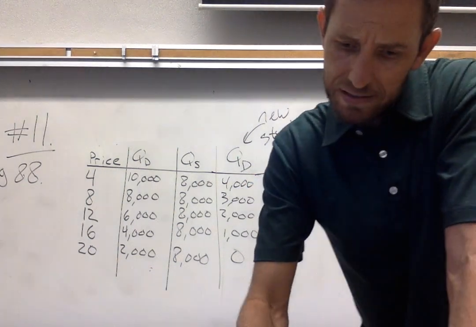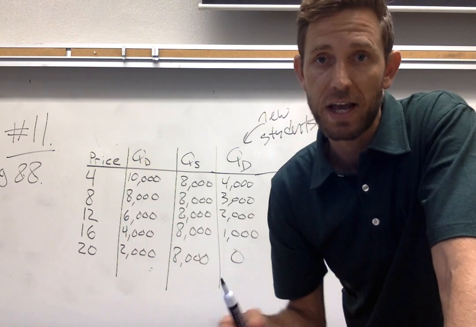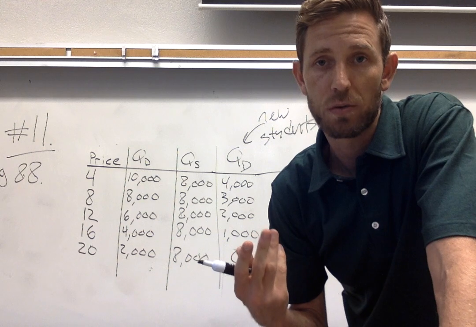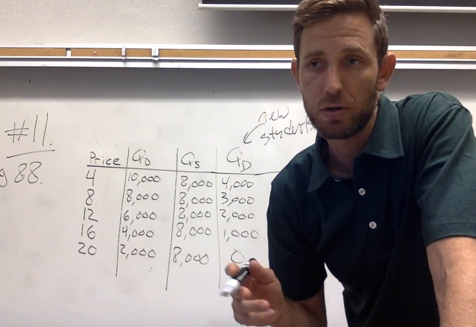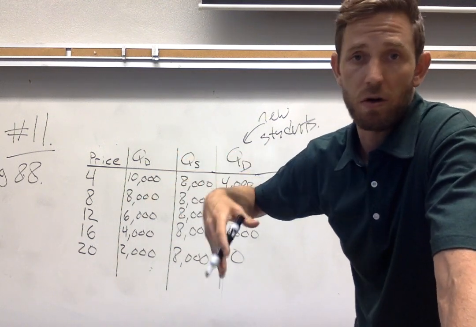What they're asking us is to figure out the new demand schedule that takes into account both the old students and the new students. The process you're going to want to use is called horizontal summation. You can do this with just two demand curves like this, or with all kinds of demand curves.